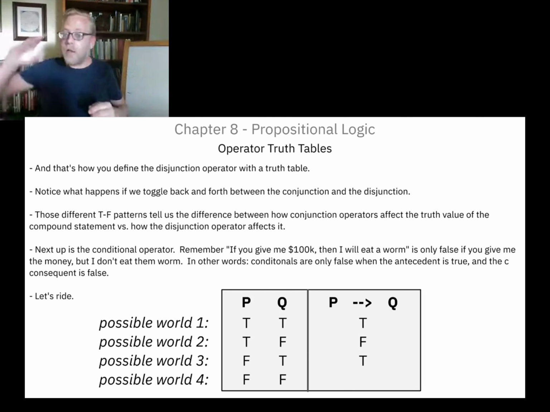That's a logical possibility. It's not likely empirically, it's not probable, but it's a logical possibility. That doesn't violate my promise that I will also eat a worm if you give me $1 million or 100K. I could just eat worms for fun, but my promise would still be true that if you give me that money, I will again eat a worm. So that's World 3. I have not gone back on my promise to eat a worm for $1 million.